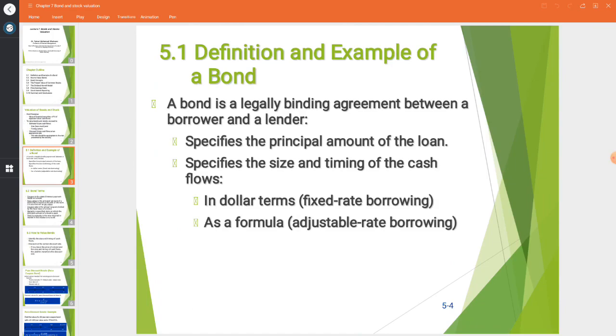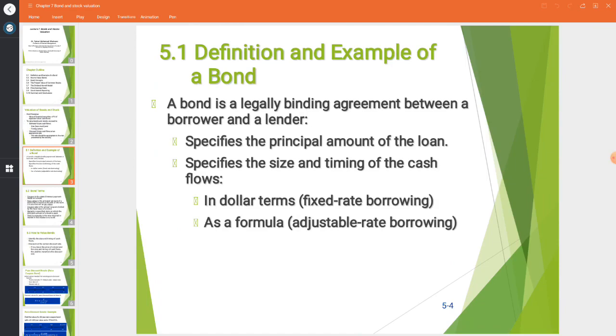This type of agreement should specify the principal amount of this loan and bond. Also, this agreement should specify the size and timing of these cash flows. Also, you need to specify the appropriate discount rate.